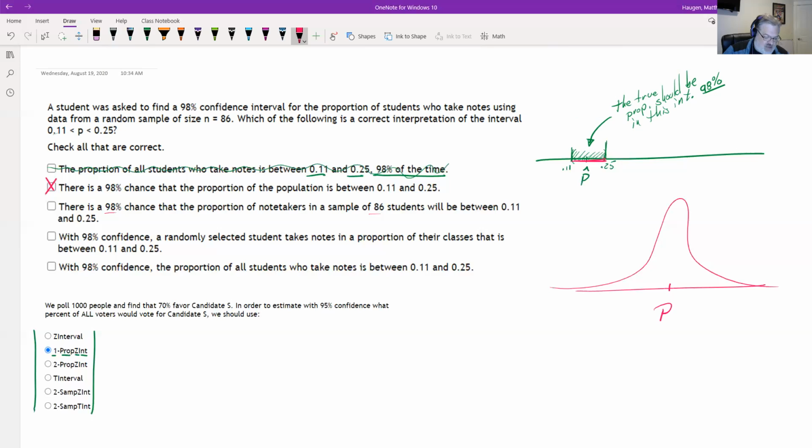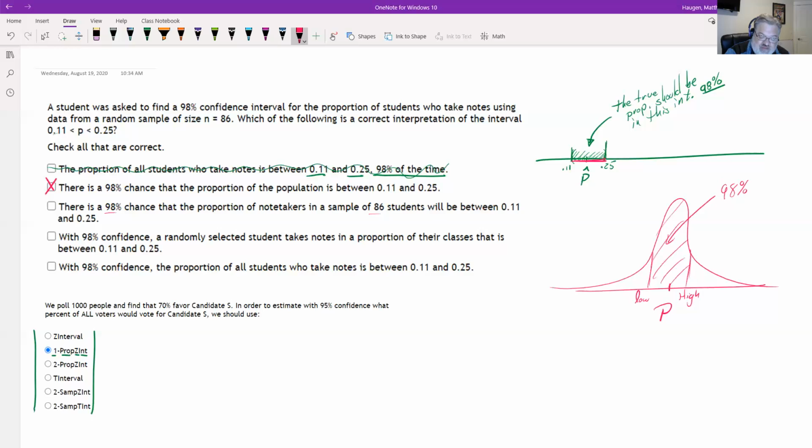And if we made a 98% confidence interval around that true proportion, then that would have a low and a high, right? And there would be a 98% chance that any particular sample would land in that range.